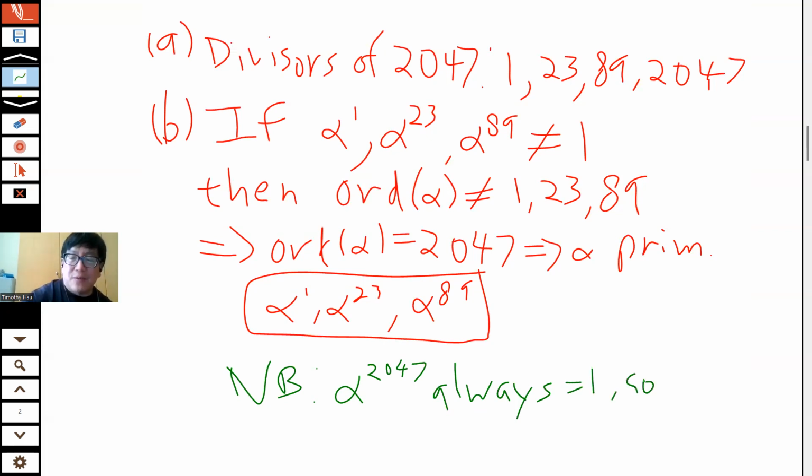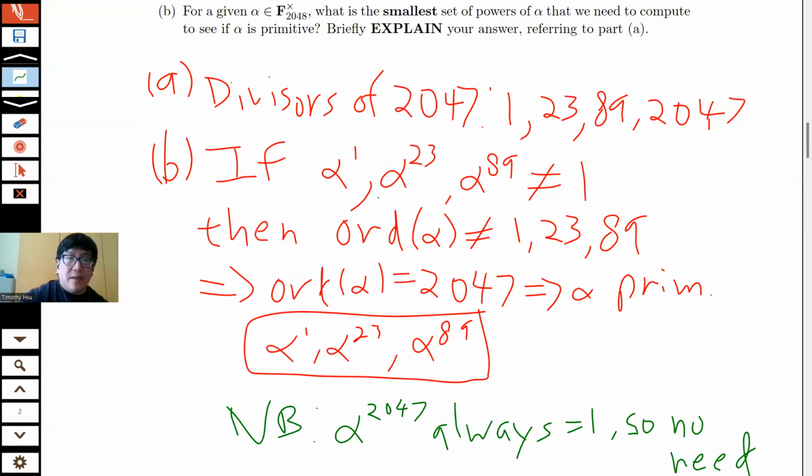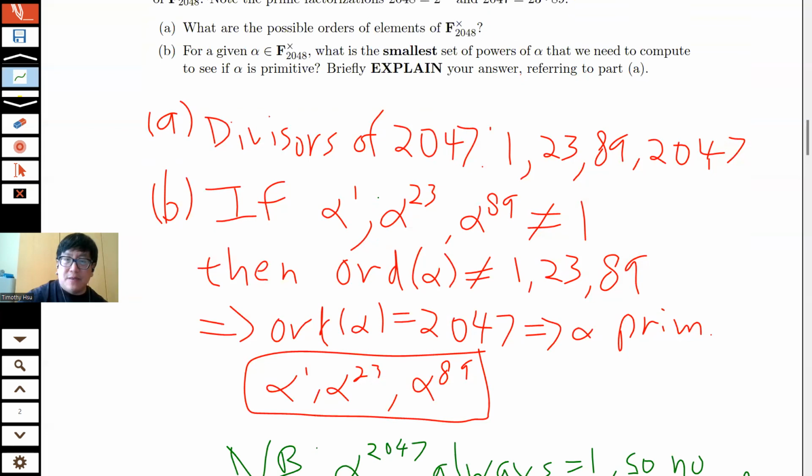So there's never a need to compute it. That's a theorem. You can look at that as the order part of the theorem, or actually the magic polynomial says that alpha anything to the 2047 is going to be equal to 1. Okay. Any other questions about this?